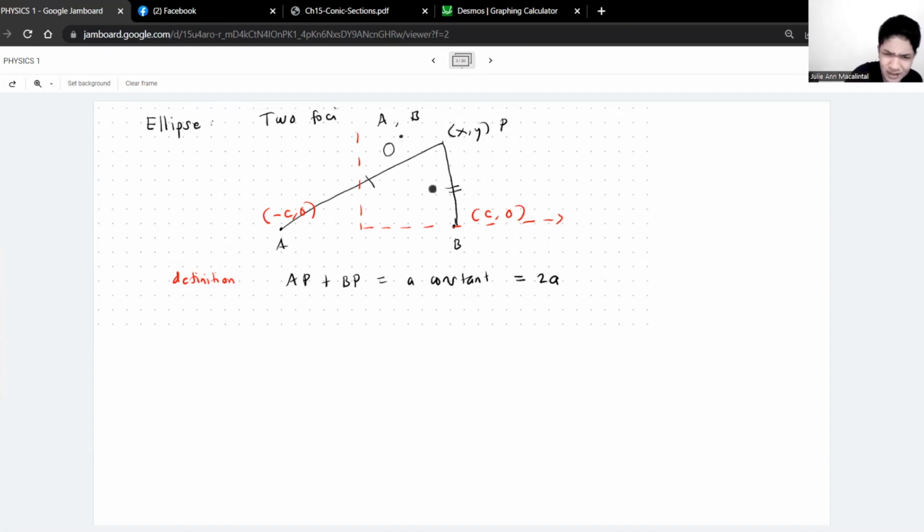Hindi mo kailangan yata ng isa pang points. So ang importante lang, yung distance from A to P and B to P pag in-add. Basta yun lang, use the distance formula. P itself can change. So if P is a point on the ellipse, it must satisfy that condition.